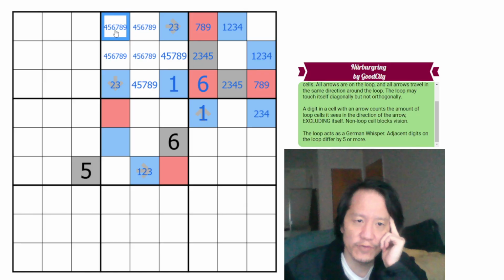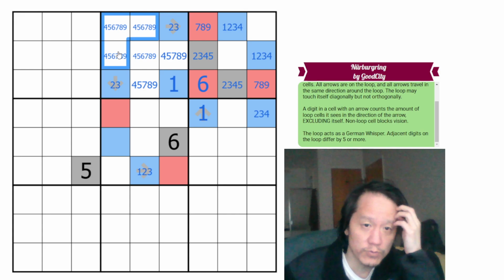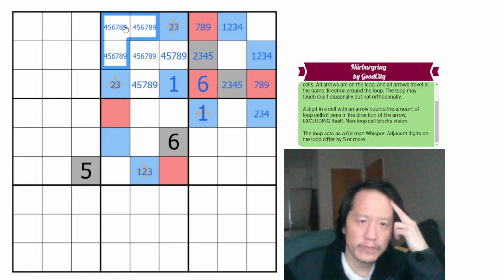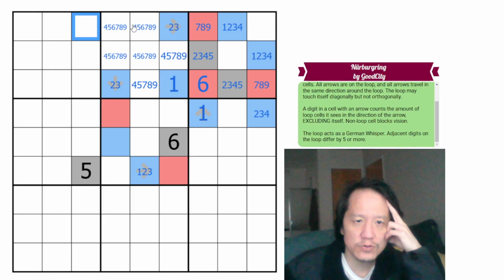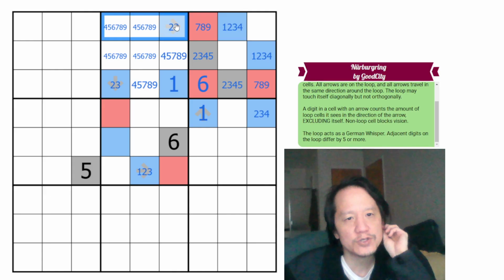So this would have to be 4. But the problem is, even if you connect this way and connect this way, which doesn't work either, 4 has to be next to a 9 twice, and that's not possible. Because it would either be 9 and 9, which breaks Sudoku. So this can never enter in this way.